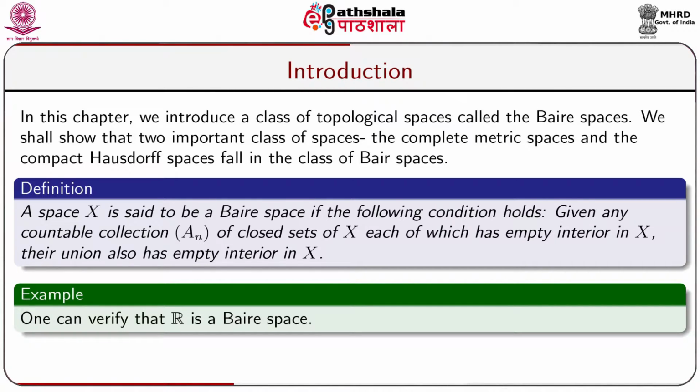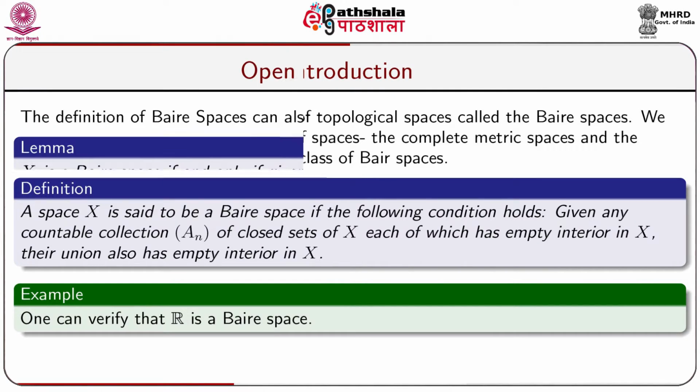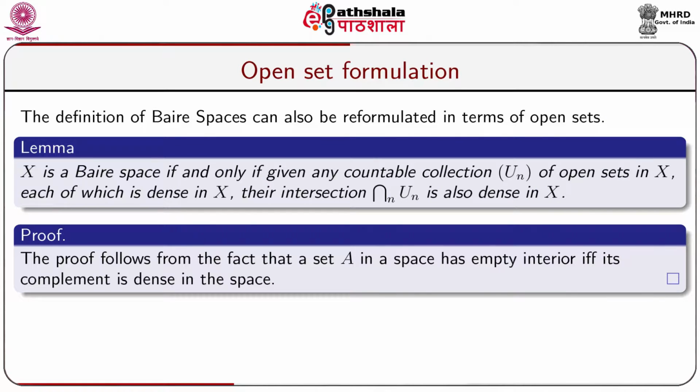We shall also prove a theorem from which it will follow that R is a Baire space. But this definition of Baire space is given in terms of closed sets. In the next proposition, we shall give a definition in terms of open sets. So, we are going to give an open set formulation of Baire space.